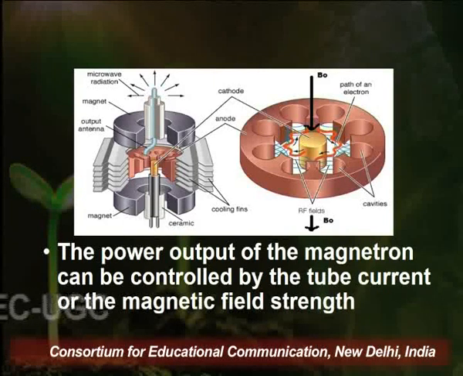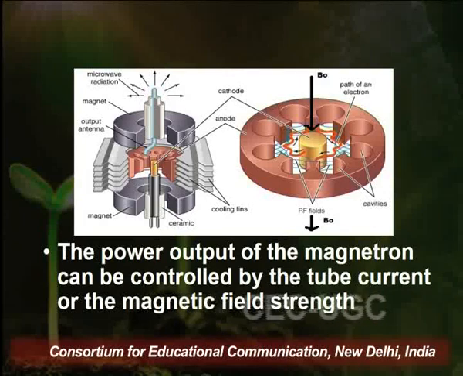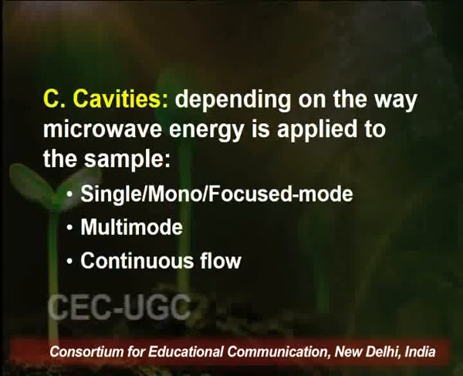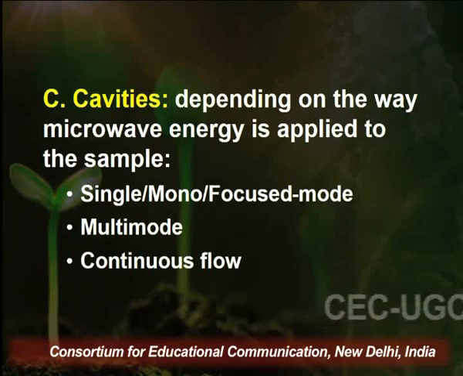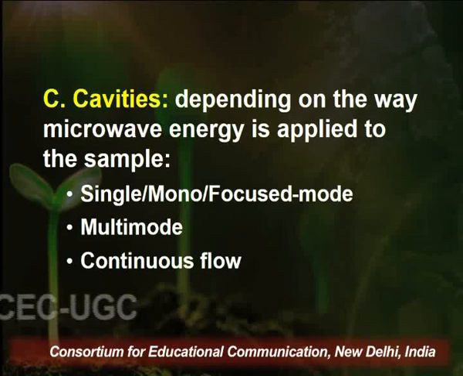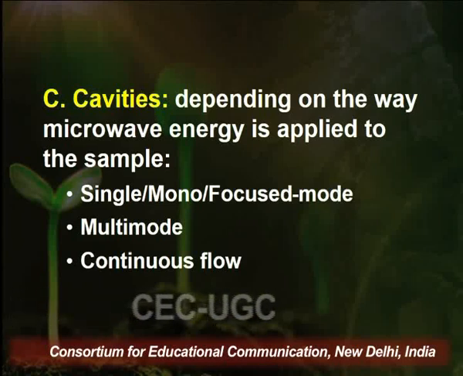This resonance effect, or the resonating electrons, produce the microwaves. And these microwaves are then directed with the help of waveguides to the cavity. Now cavities, depending upon how the microwaves are applied on the sample, can be single mode cavities, also known as mono, or more popularly known as focus mode cavities.